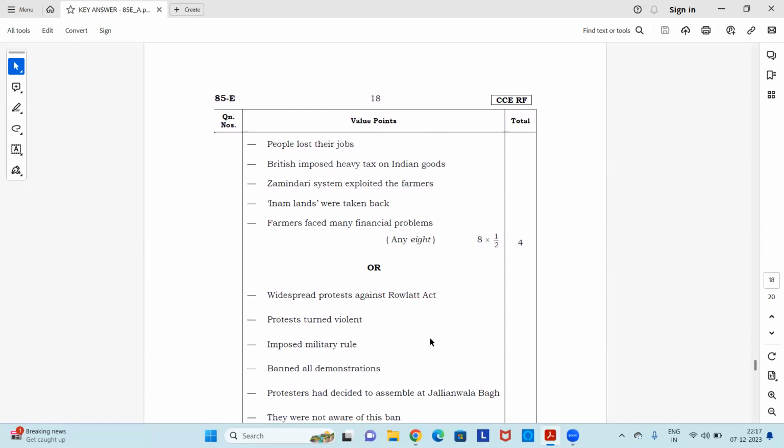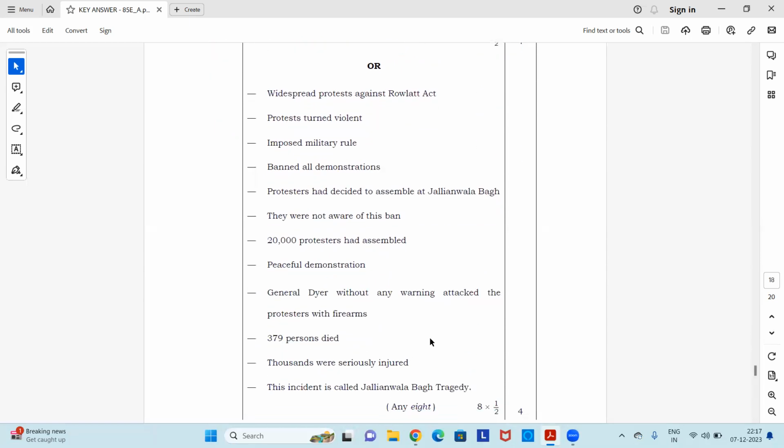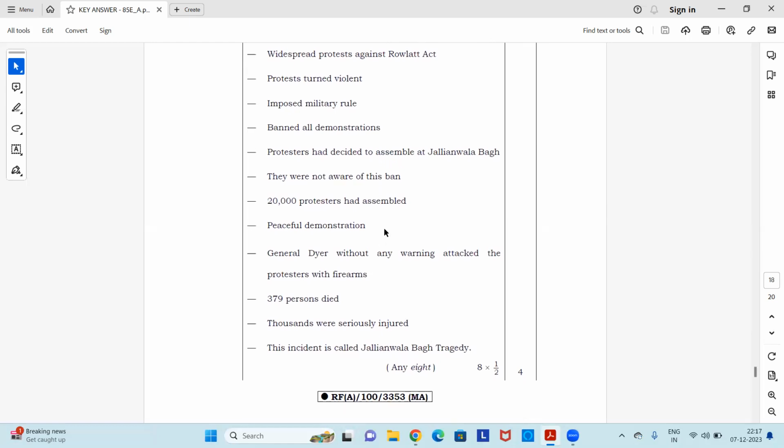Now, the second question's answer: widespread protests against the Rowlatt Act. Protests turned violent; military rule was imposed and all demonstrations were banned. Protesters had decided to assemble at Jallianwala Bagh. They were not aware of this ban. 20,000 protesters had assembled. A peaceful demonstration was going on.